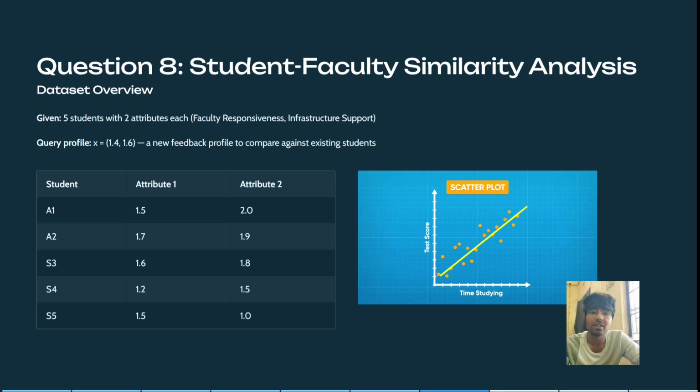Now we get a new query point x equal to (1.4, 1.6), and we need to rank the existing students by similarity. So part 1.